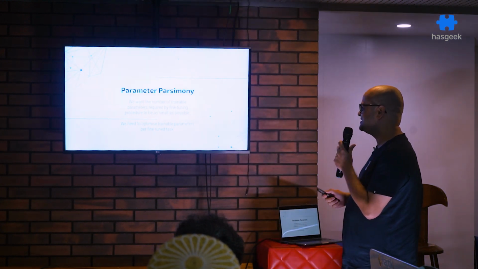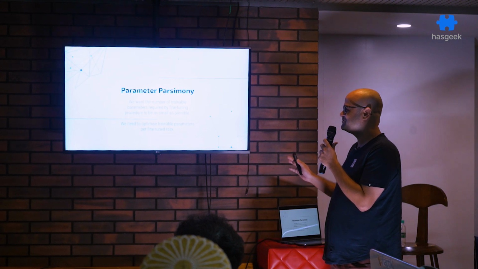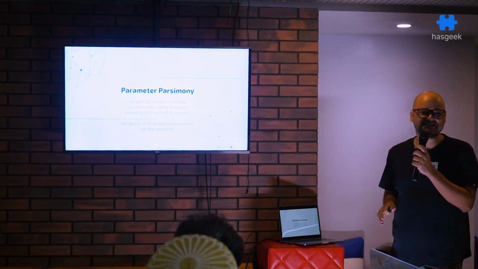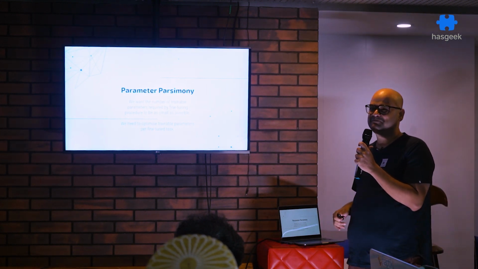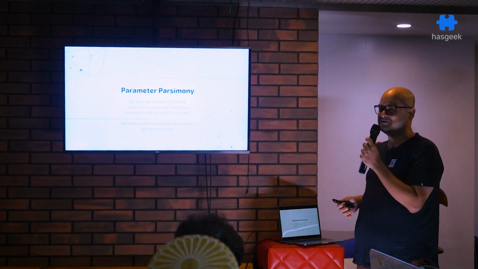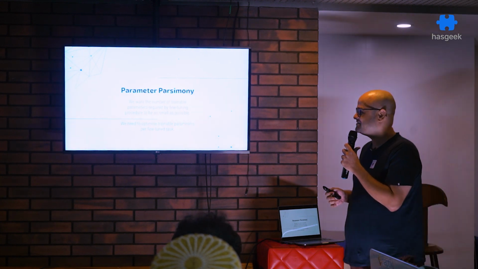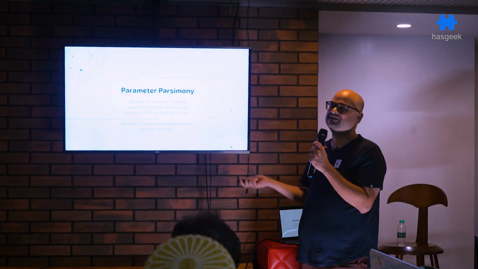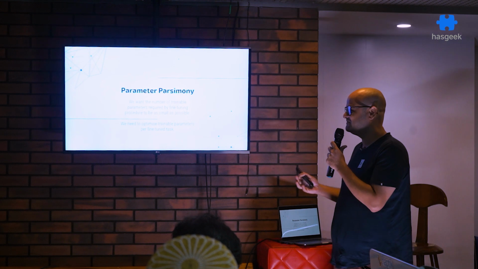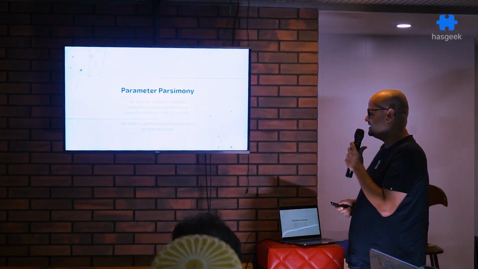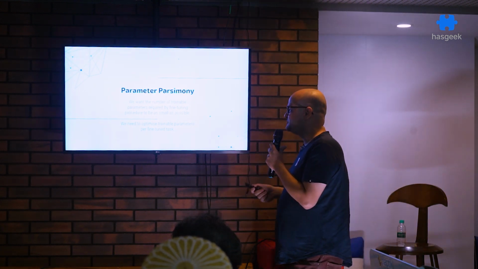So this is one of the older principles in classical machine learning, right? We talk about the parsimony of parameters there too, right? If you have very few independent variables, that's a better model than a model with a lot more variables, right? So here we care about the number of trainable parameters.